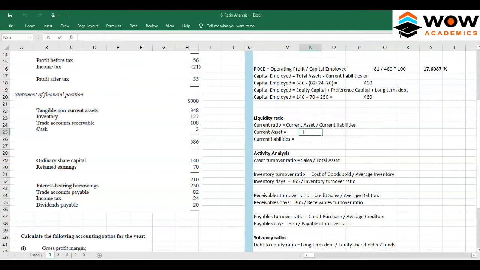So current assets are going to include the inventory, 127, plus the trade receivables, 108, and the cash.